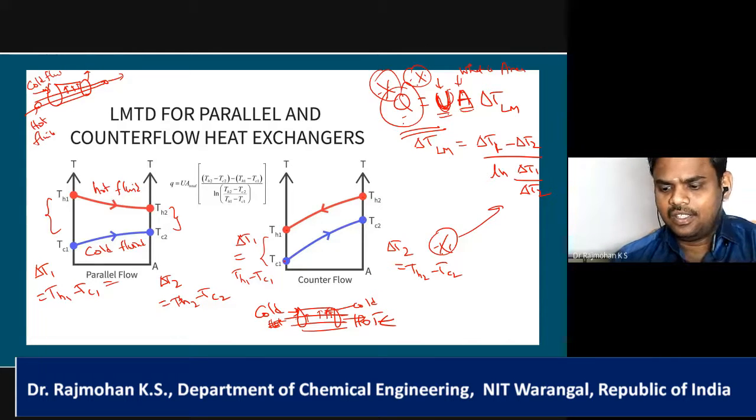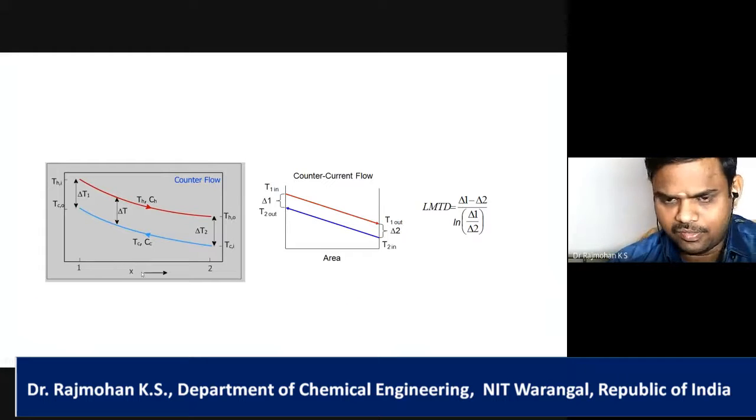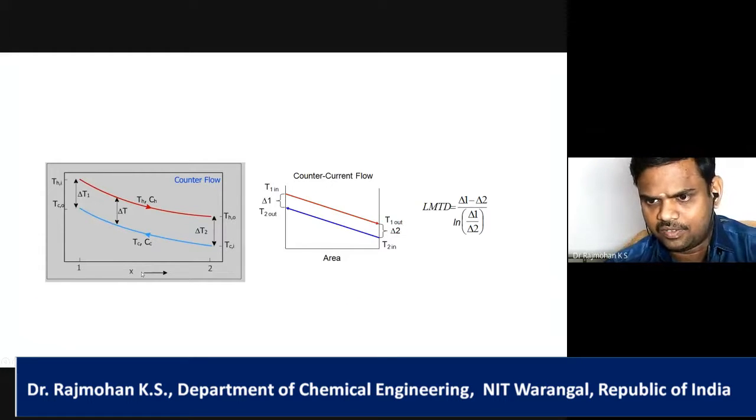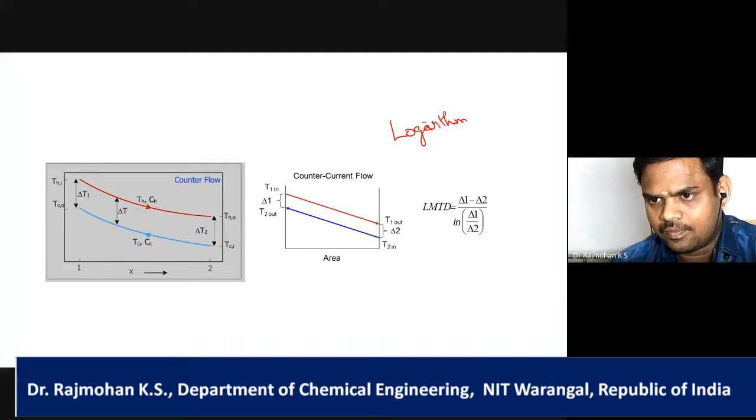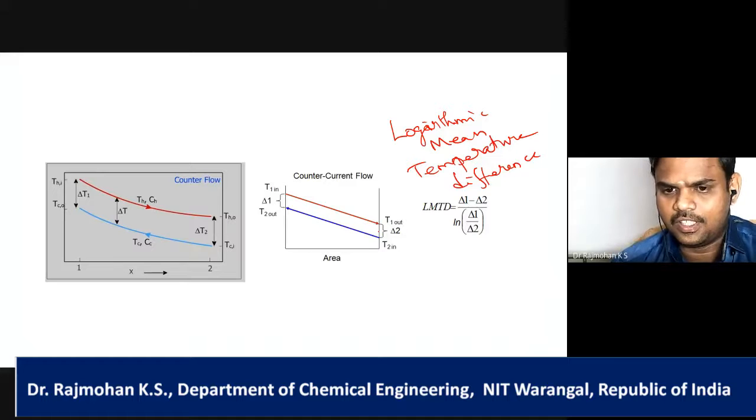Okay, so that's the same diagram I showed for you to understand it better. So LMTD refers to logarithmic mean temperature difference at the inlet and exit conditions.